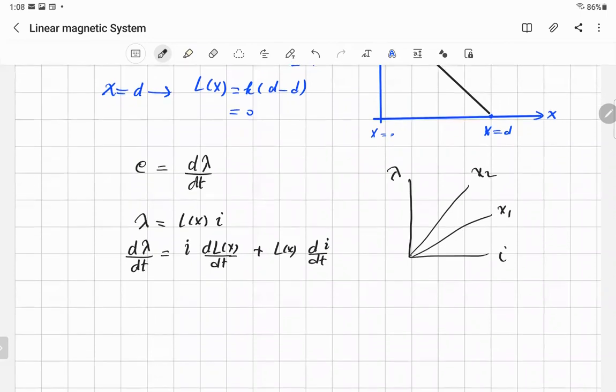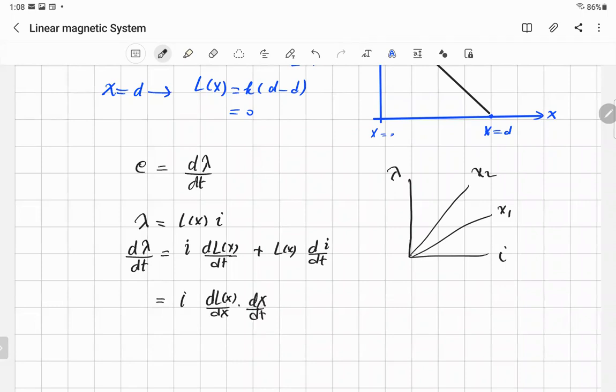By the way, how can you get dL by dt when L is a variable of x? Let me make this a little bit clearer. First you find dL by dx and then dx by dt. You cannot do it in one step because it's a function of x.